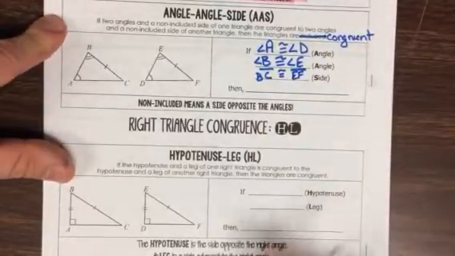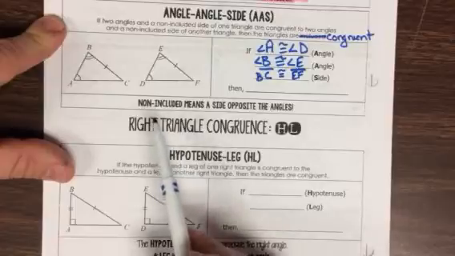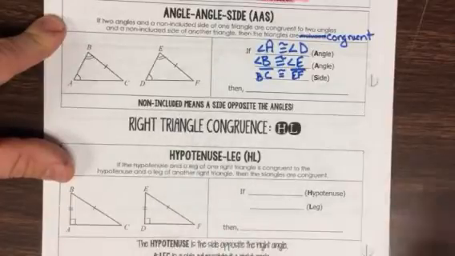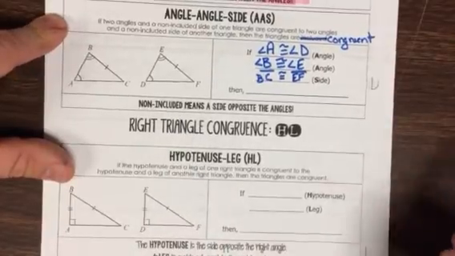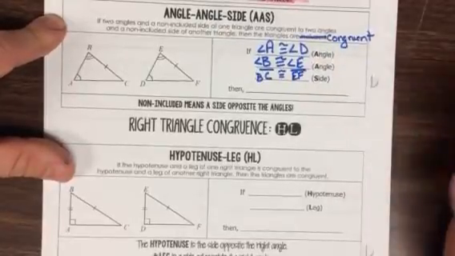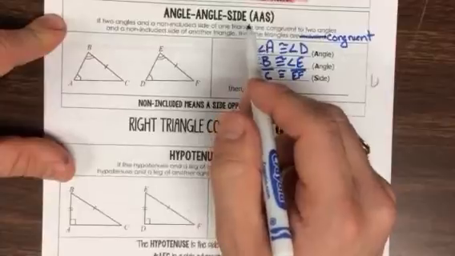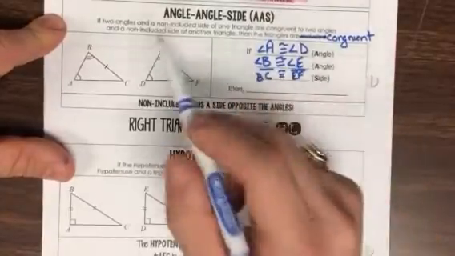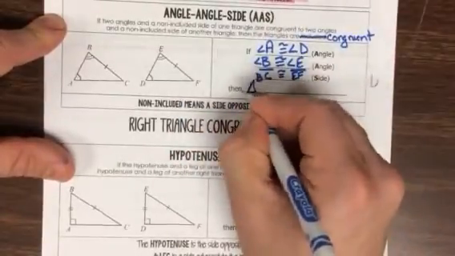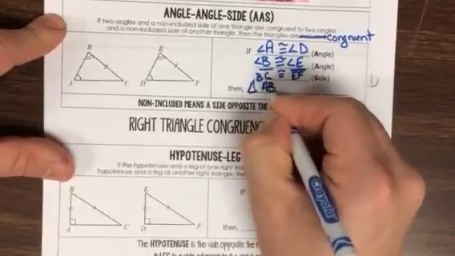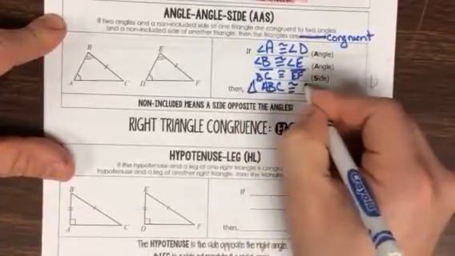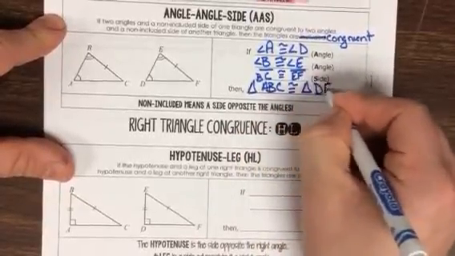This is the only one we'll talk about where we're talking about non-included as opposed to included pieces. But we have two angles and a side. So therefore, by our ASA or AAS, our angle-angle-side postulate, we can say triangle ABC is congruent to triangle DEF.